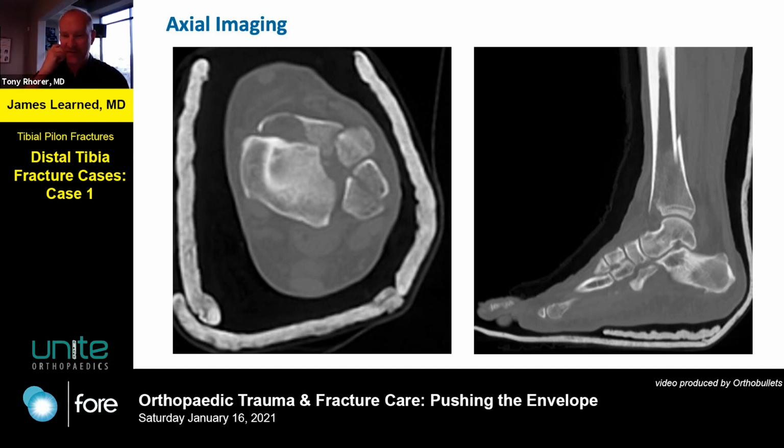And that's the dirty little secret about pilon fractures, in my opinion: the thing that makes it hardest to fix or reduce them is the shortening that happens. The articular reduction is, let's be honest, not that hard really. It's like puzzle pieces. It's hard if there's marginal impaction and you're missing pieces of joint and you have holes and defects, but by and large, you just put them all together.